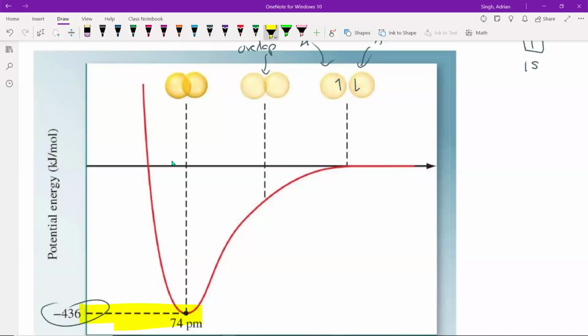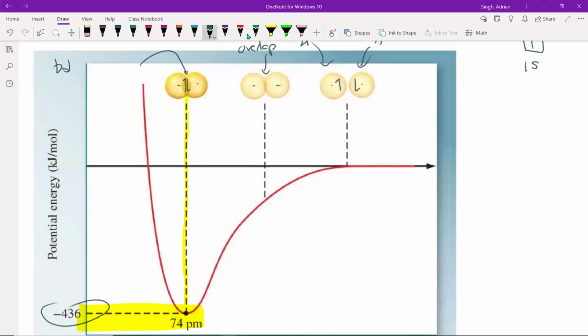So at this point here, at the bottom of this well, this is the point at which the overlap of the orbitals is optimal. In other words, when I bring these two H's together, my one electron on one side and the other electron on the other side are now shared between both hydrogen nuclei, right? So the dots there represent the nuclei.